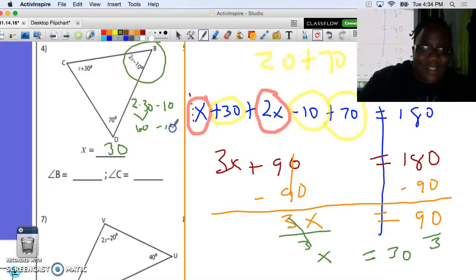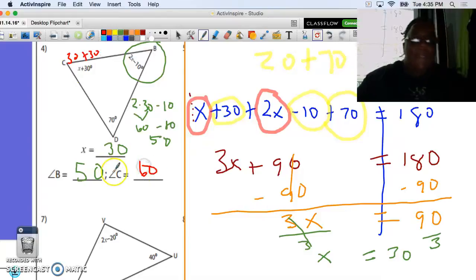Oh, look at that. She was way ahead of me on that one. Minus 10, right, gives me 50. So angle B is 50. Good. And then angle C. 60 again. Oh, yep, because x is 30 plus the 30 that was already there. Yep, angle C is 60.